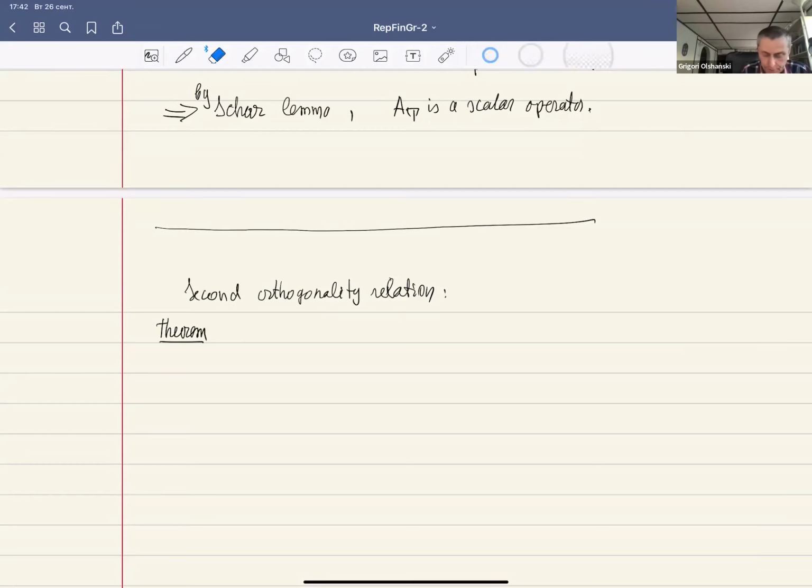Assume that g and h are two elements of our group. In the orthogonality relation, we have a summation over the group, and here we have a summation over the dual space, the space of irreducible representations.